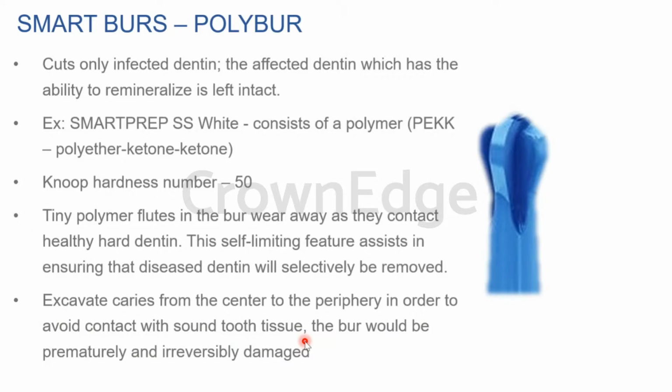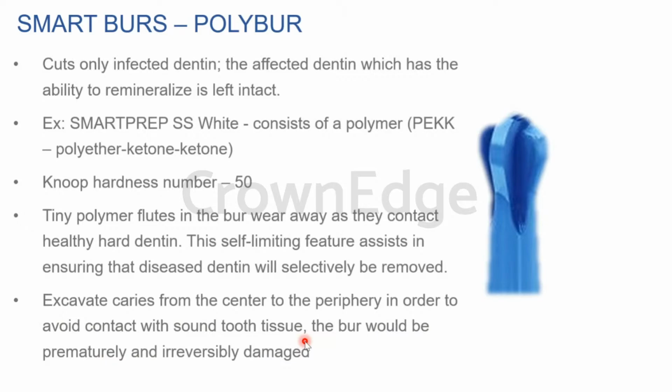I want you all to answer right now in the live chat, what is the Knoop hardness number of decomposed or demineralized dentine? Can someone tell me the Knoop hardness number of demineralized dentine right now? Until then, as I said, the polymer is much harder than the demineralized dentine.